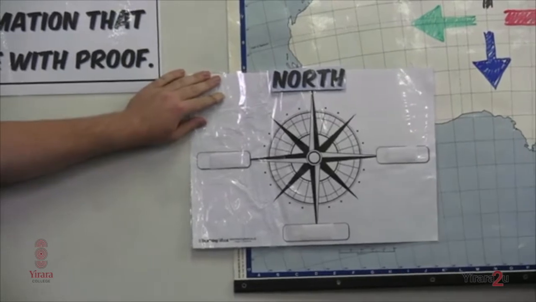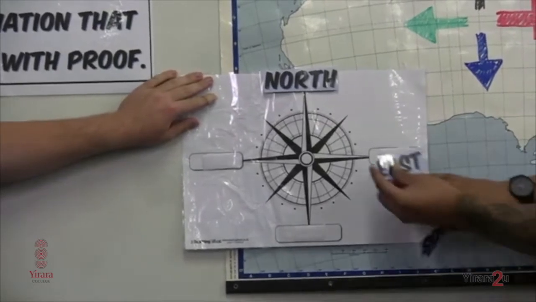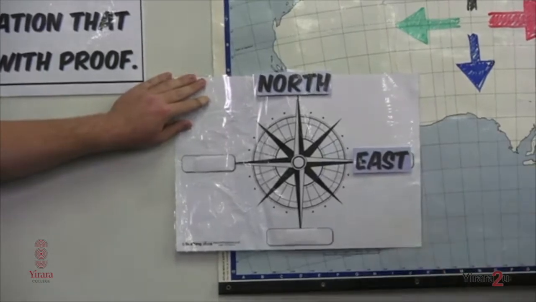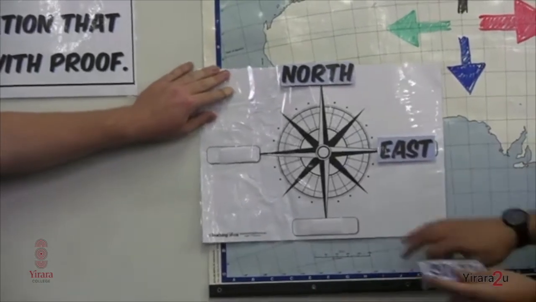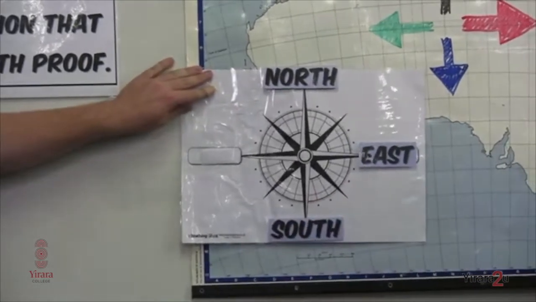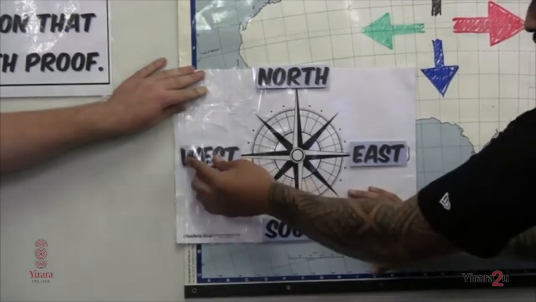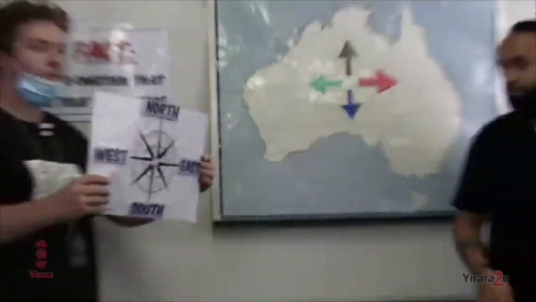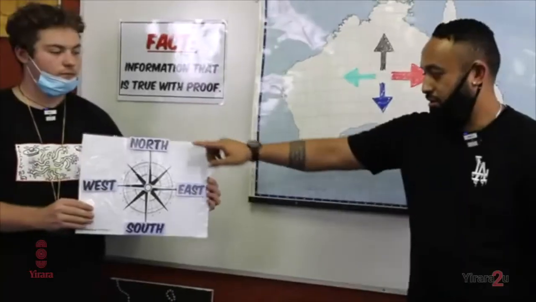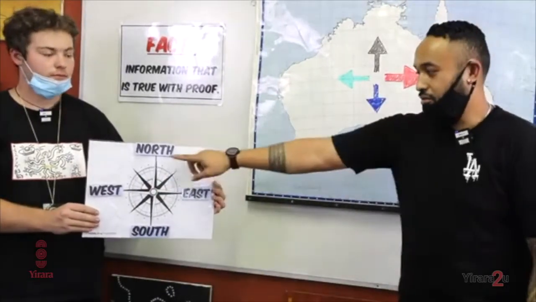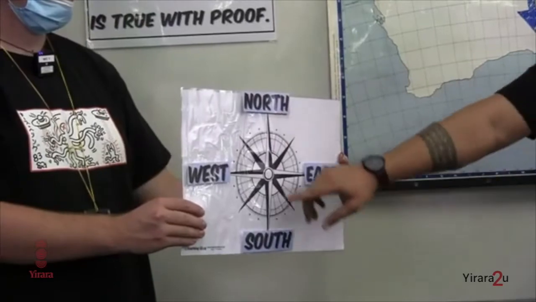On the right hand side of the compass, we have east. On the bottom of the compass, or the bottom point of the compass, is south. And on the left hand side of the compass, we have west. So let's have a look at the 4 different compass points. We have north, east, south and west. That's north, east, south and west.